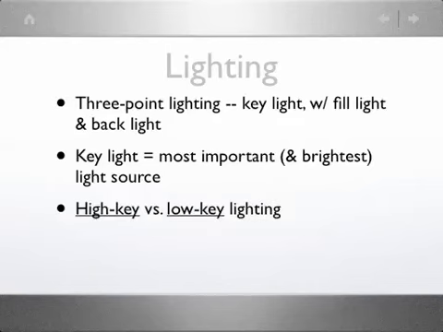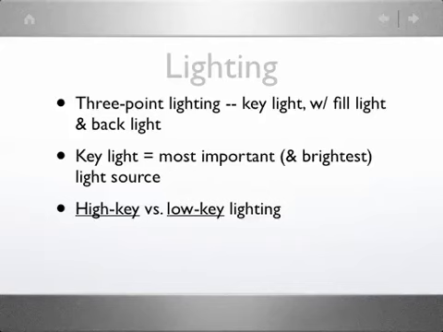You may have heard before the terms high key and low key. These are terms whose use has been expanded to refer to things other than film lighting, but they originate in talking about film lighting, and so high key versus low key lighting is one of the key distinctions that we can make, or things that we can notice in the lighting of the film image.